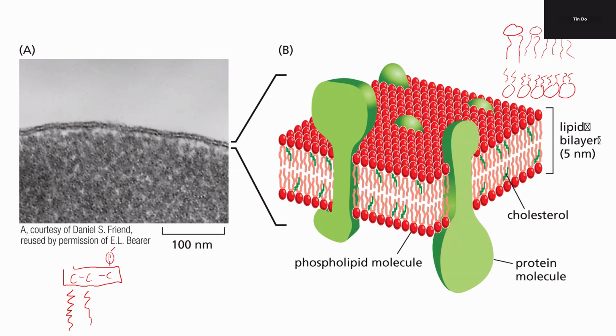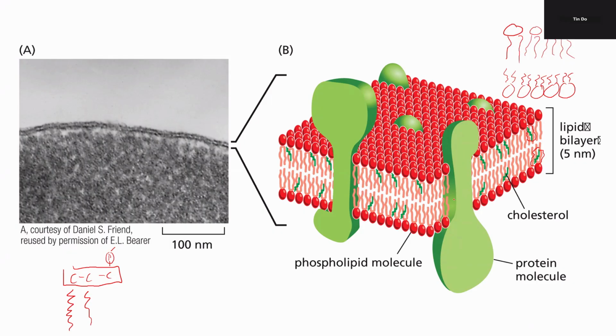Now, on top of the bilayer that we've taught you guys already, one thing to note is that yes, there are cholesterols found inside. So these green little bits right here are your cholesterol bits, and they add to the fluidity of the membrane. Remember, everything is constantly in motion.